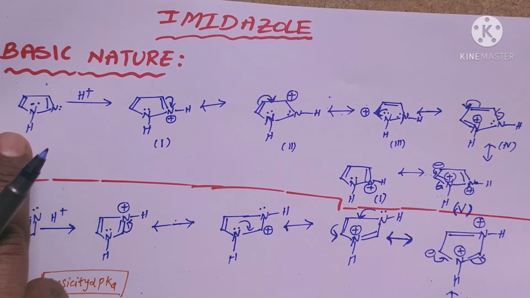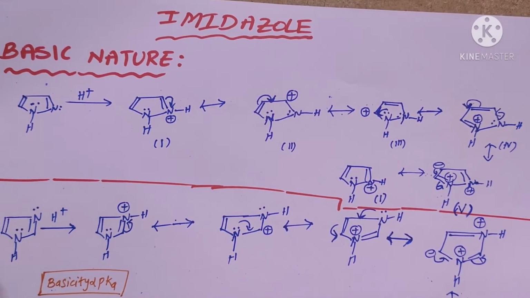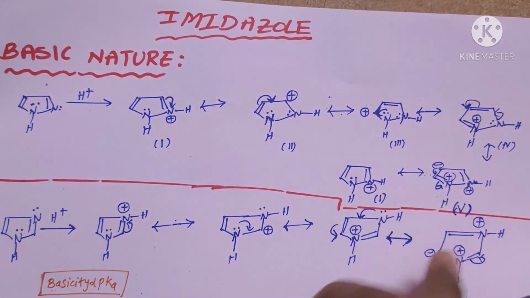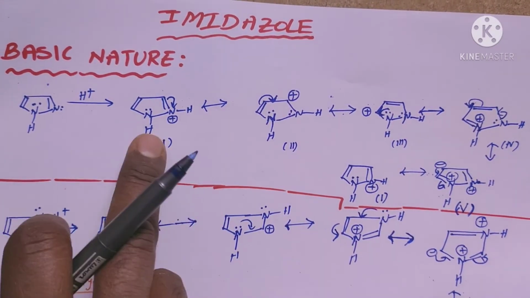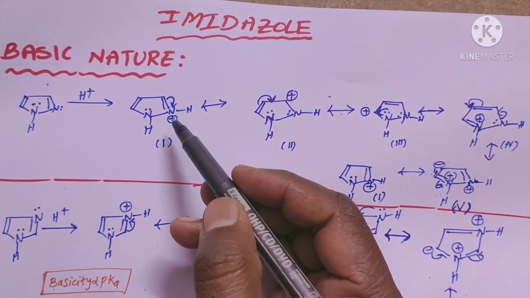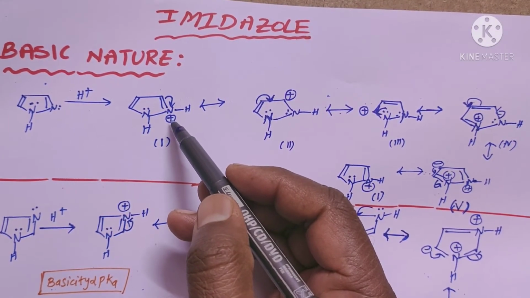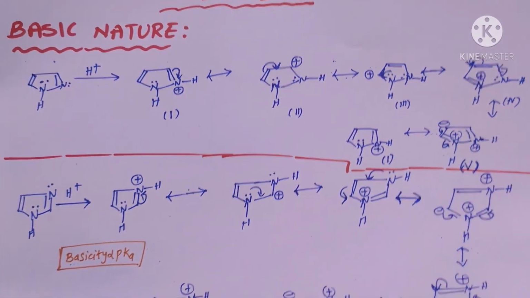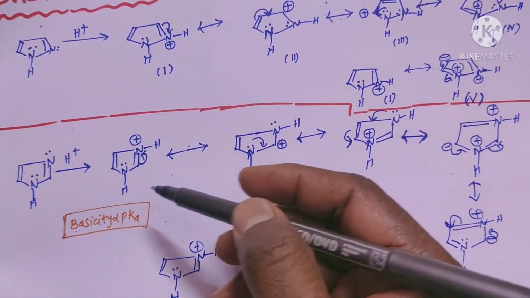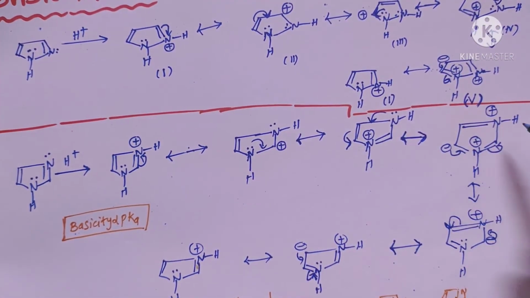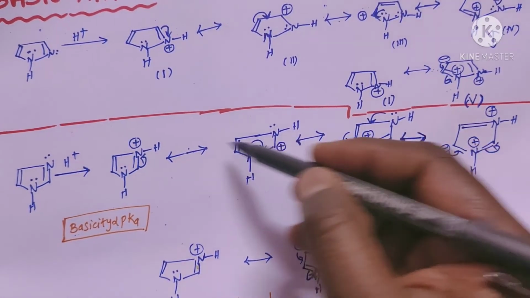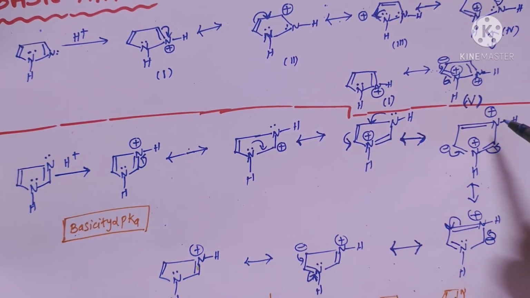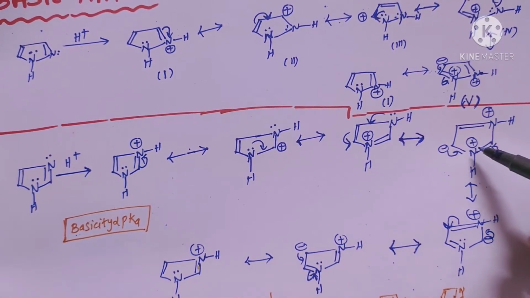In both pyrazole and imidazole, on protonation, we get this type of resonance structures. In some resonance structures, nitrogen gets the positive charge. In imidazole also we observe the positive charge on the nitrogen atom. Here in this structure and in this structure, positive charge is there on the nitrogen atoms.